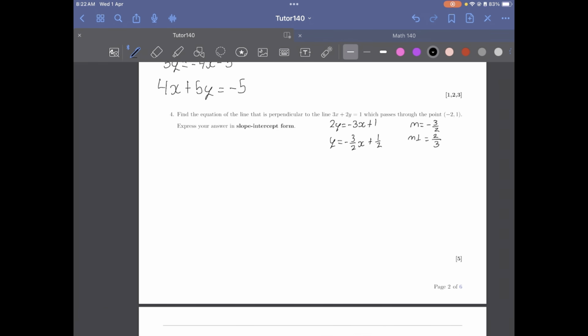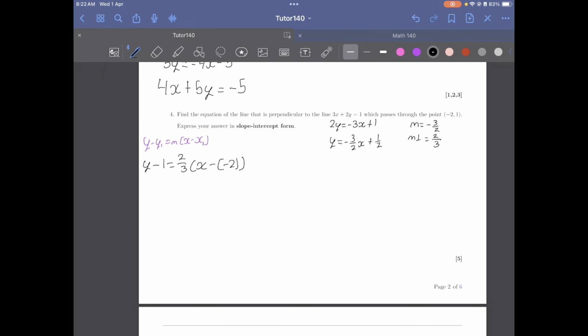So now we're going to take the point-slope formula, y - y1 = m(x - x1). So now we're going to set it up. y - y1, which is 1, is equal to m, our slope, 2/3, times x minus, and then open bracket -2.